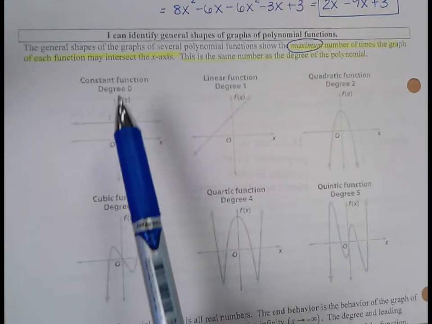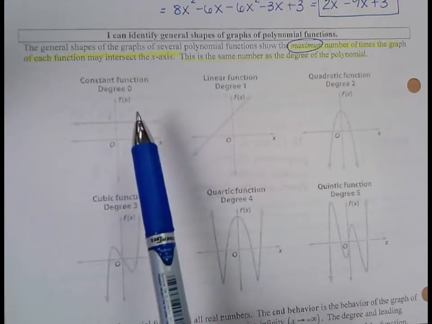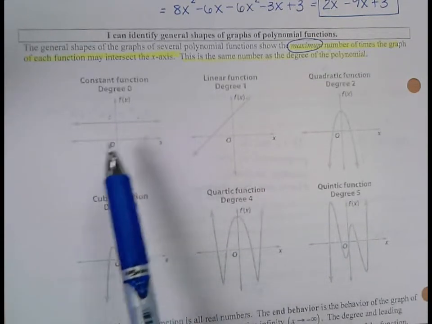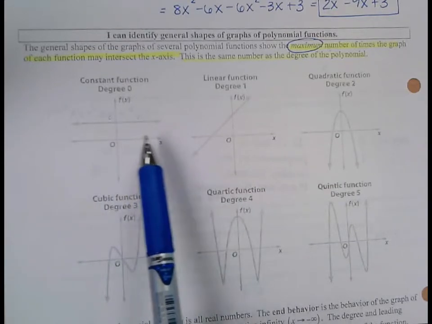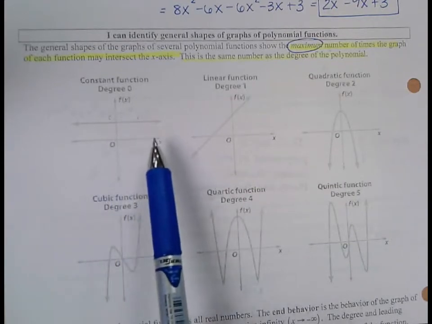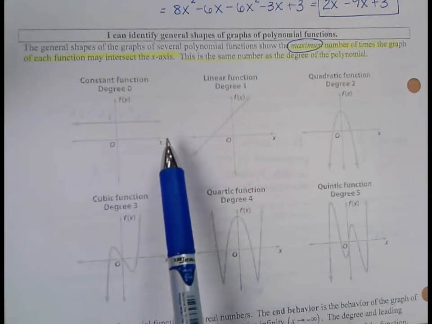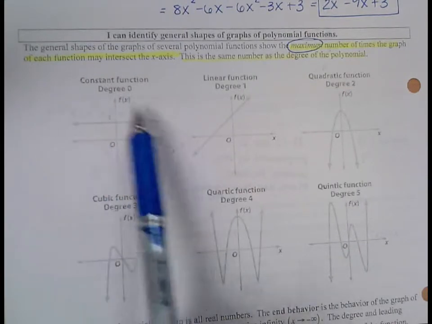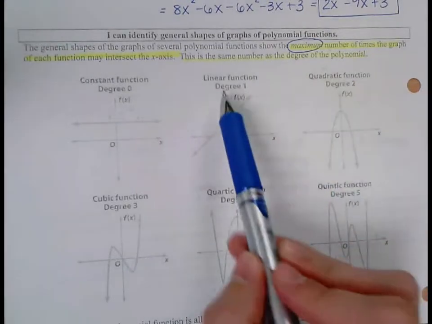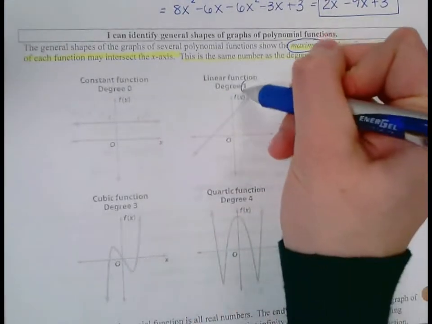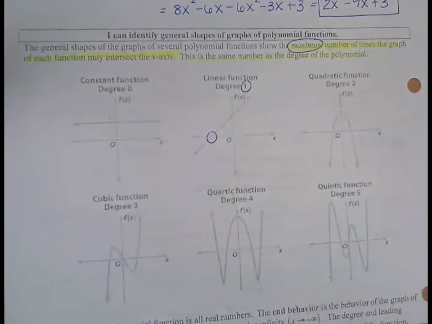So with these listed here, it gives a constant function. The degree is 0, and notice on this graph it doesn't cross the x-axis. Now, if the constant function was actually on the x-axis, it would cross it infinitely many times, but that's a special case. In general, a constant function will not cross the x-axis. Linear function of degree 1 at most will cross once.